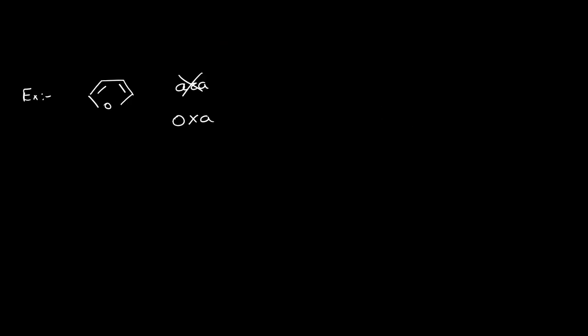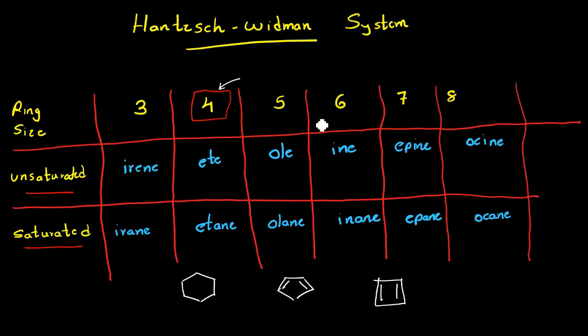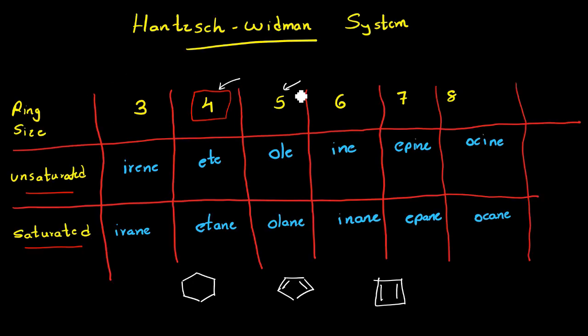Now we have the name for the heteroatom. As you can see, there's only one heteroatom, so no need to mention its position. The ring is unsaturated, so we need to go here. We have a 5-membered ring, 1, 2, 3, 4, 5, and our ring is unsaturated, so the word is OLE.